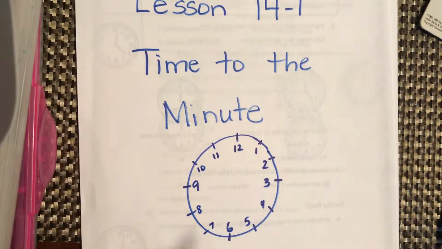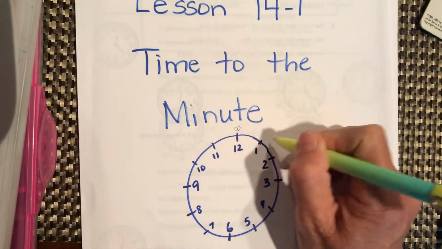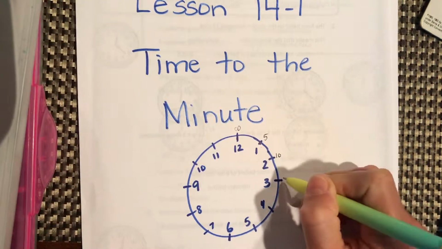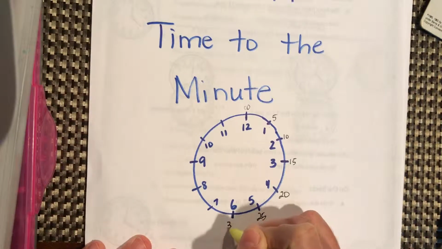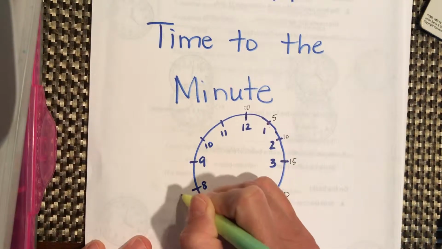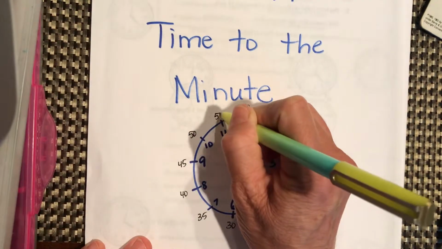So we know that this is 0, 5, 10, 15, 20, 25, 30, 35, 40, 45, 50, 55, and we don't go all the way.